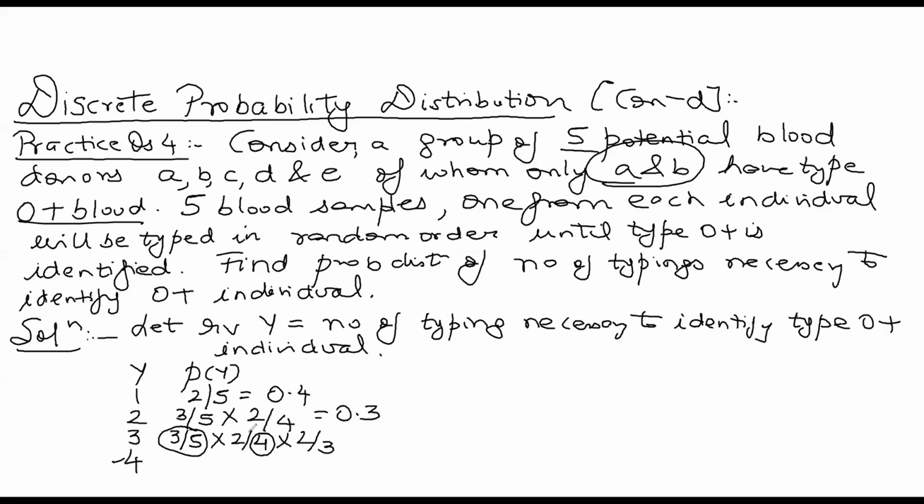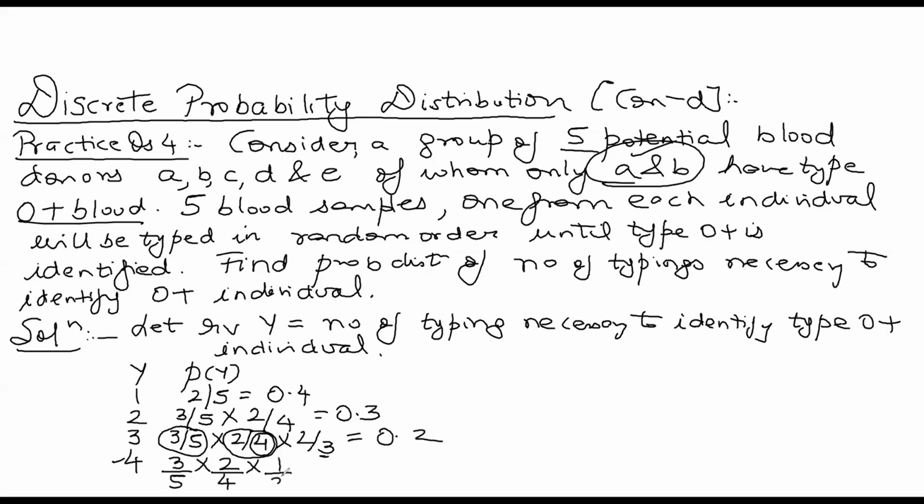Not O plus means 2 by 4, into the third individual is O plus. There are 2 O pluses, so 2 by, the denominator goes down by 1, 2 by 3. This becomes 0.2.